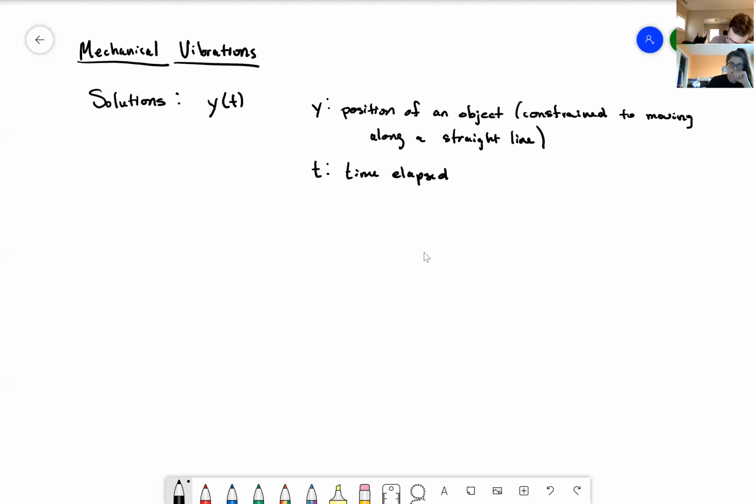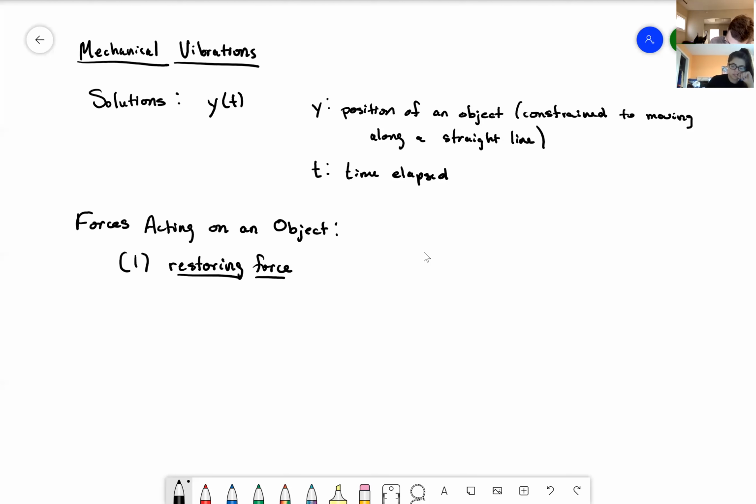Okay, so we're going to consider three forces acting on an object. Force number one is called the restoring force, or sometimes spring force, because in most cases we're thinking of this as a force caused by a spring.